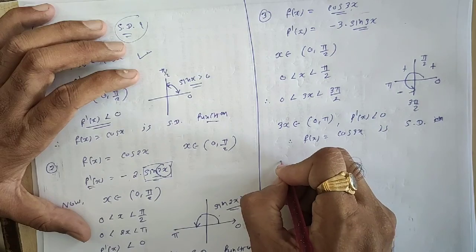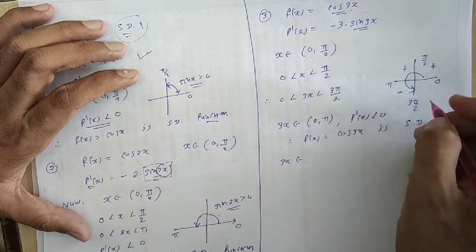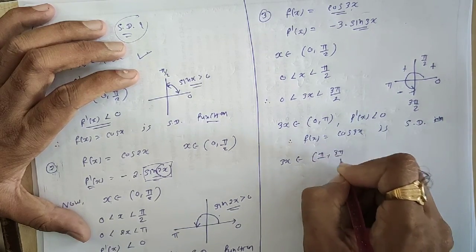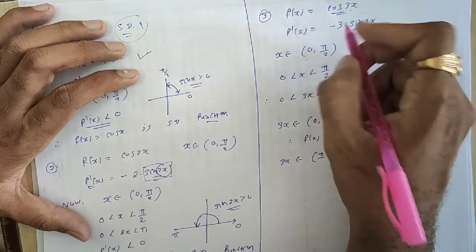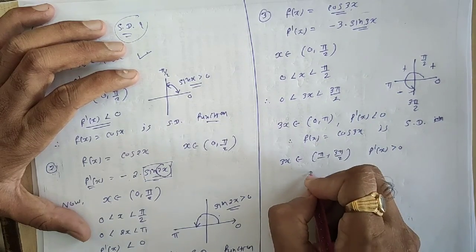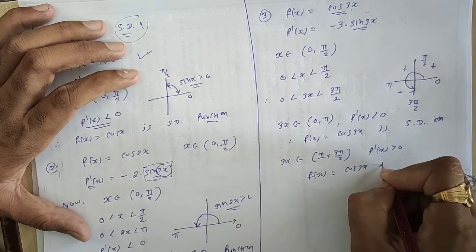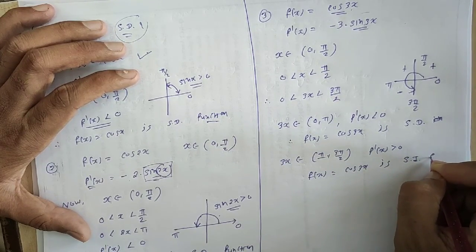And for 3x belongs to pi to 3 pi by 2, sin 3x will be negative. So if sin is negative, f dash x will be positive, so it's greater than 0. So we can say that f of x equal to cos 3x is strictly increasing function there.